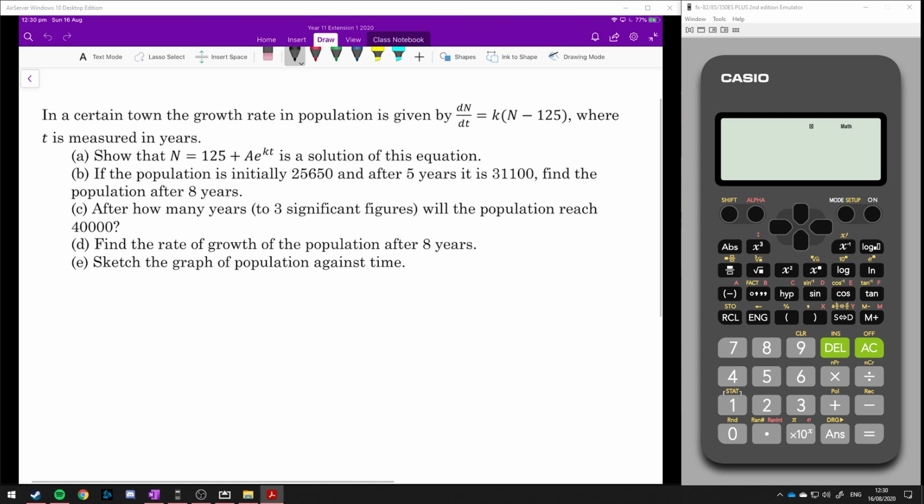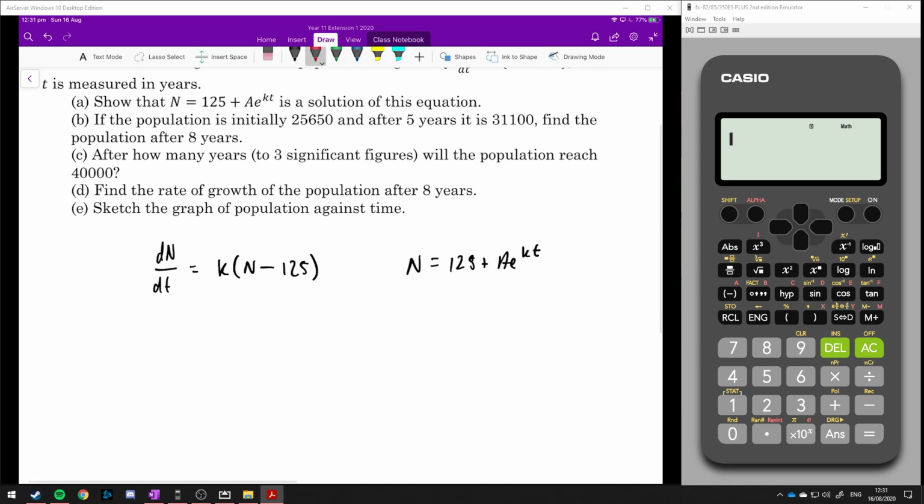So we've got dN/dt equals k lots of (N minus 125). We want to show that N equal to 125 plus Ae^(kt) is a solution to this differential equation.